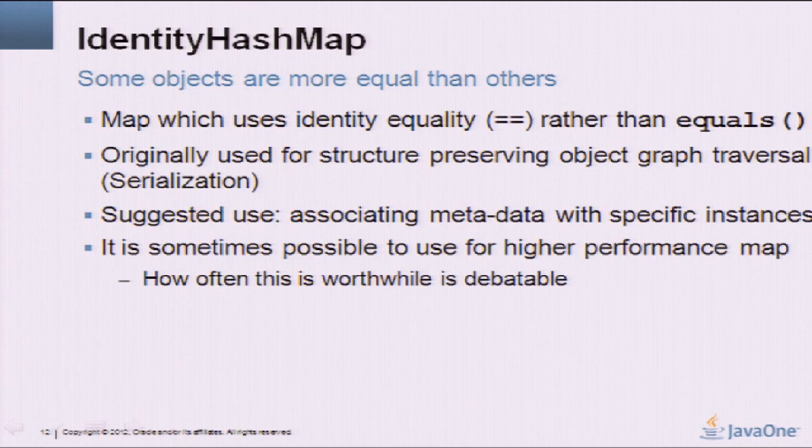Very occasionally it's used for things like interning, but it's not always advisable for that, and you have to have planned ahead quite well in order for the identity hash map to be useful as an intern map. But occasionally people find the performance beneficial, sufficient to make the trade-offs worthwhile.